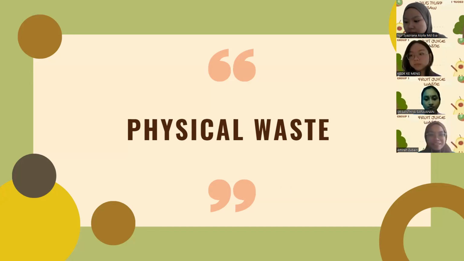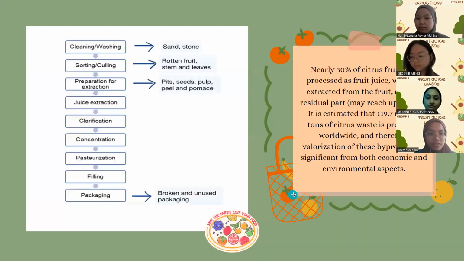Okay, thank you, Mandy. Back again with me. Now I will explain more about the physical waste that has been produced in juice industry. As mentioned earlier by Mandy about the process to make juice production, we simplify it in this process flow.